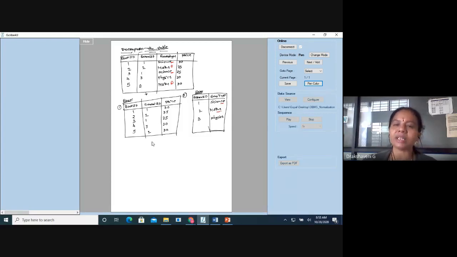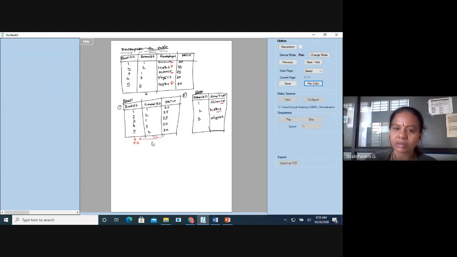And you can see there is no transitive dependency here. So all the non-key attributes are functionally dependent on the key. In this table, book ID is a primary key, and if I know book ID, I will know what these two are dependent on.